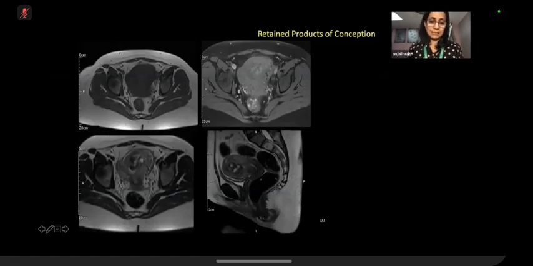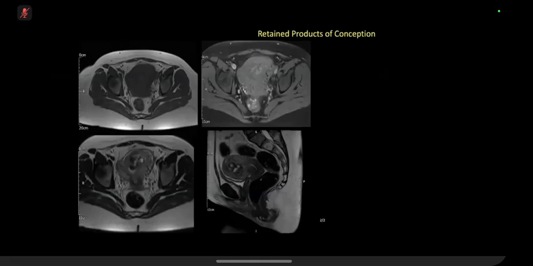Describe the findings, please. So on the T1 images, I don't have great resolution of soft tissues as expected, so I won't dwell on that too much. But on the T2, there is heterogeneous and hyper-intense signal, which is not suppressed.